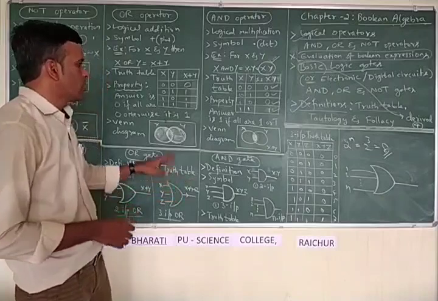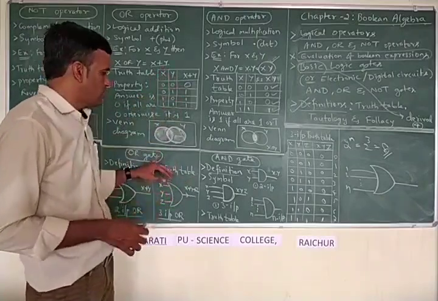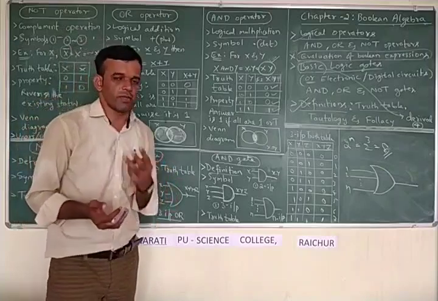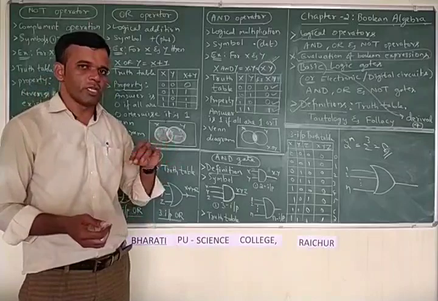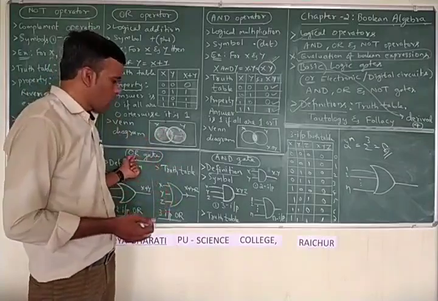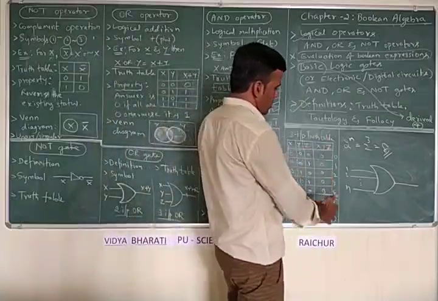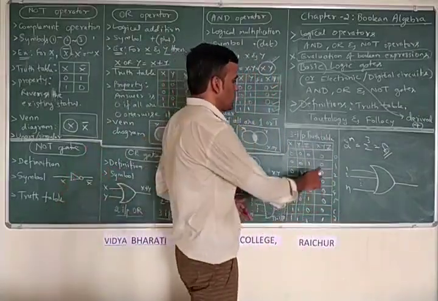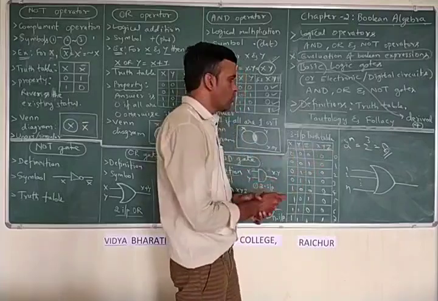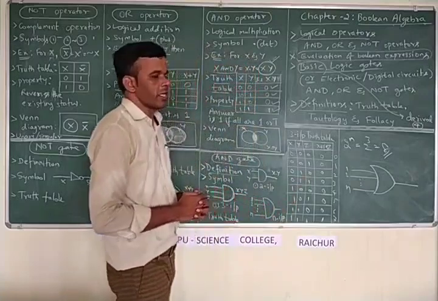When it comes to the truth table, compulsorily you write the truth table for 2 input signals. Further, you decide: if it is for 3 inputs, better you write even the 3 input signals truth table for OR also. This is the same truth table you write for the OR gate. Only thing is instead of writing x, y, z, you write x plus y plus z.